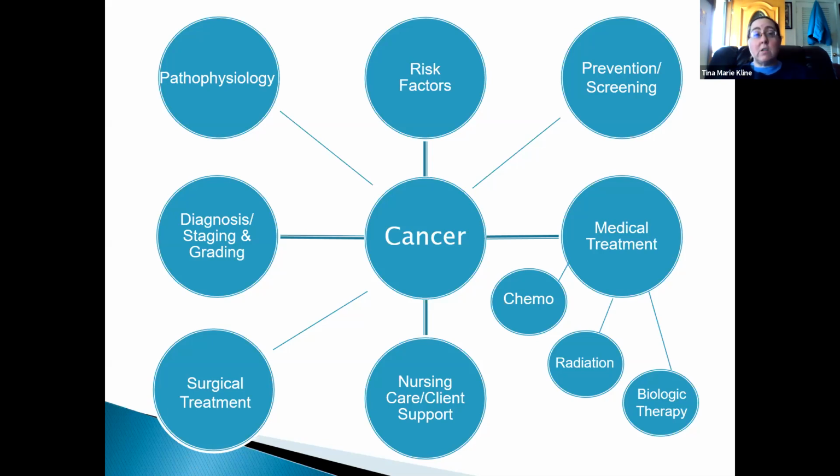Other risk factors, there are certain viruses and certain infections that are linked to specific types of cancer. For example, HPV is linked to cervical cancer. Hepatitis B and hep C are linked to liver cancer. That's pretty strongly correlated in the research there.